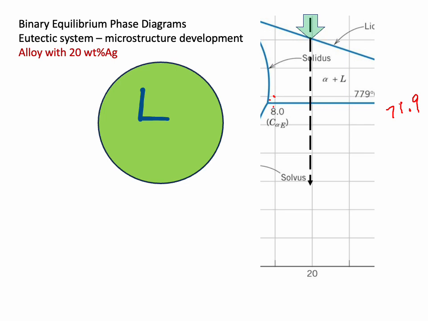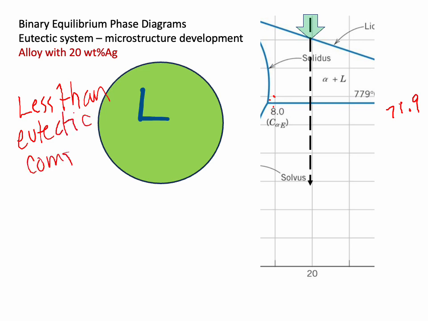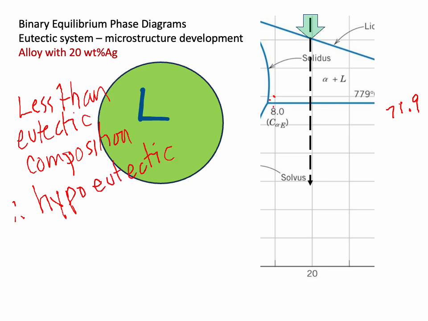And because it's less than the eutectic composition, we call it a hypo, meaning less than, a hypoeutectic alloy.